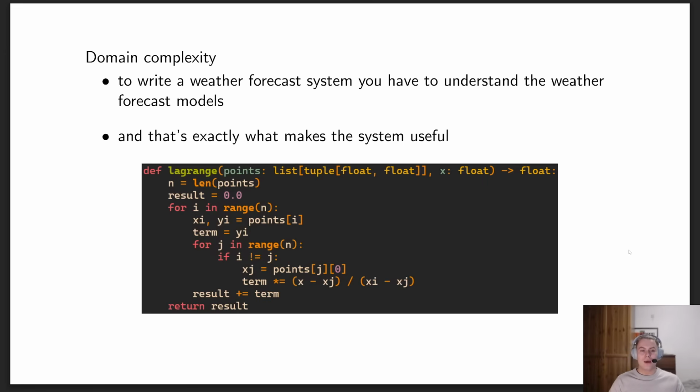For example, we can consider this function that I wrote here in Python. I tried to make it as concise as I could. All it does is compute the value of a polynomial by extrapolating it based on the point values that I've been given. The x is the argument where we are trying to find the value of the polynomial.